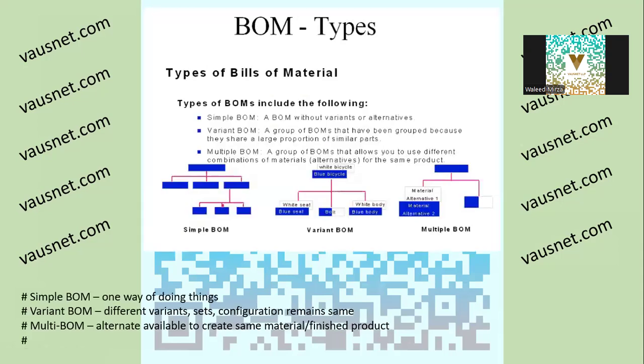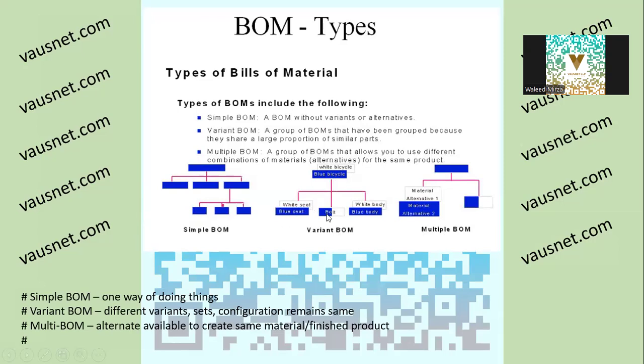So types of bills of material: we have simple BOM, variant BOM, multiple BOM. So what is a simple BOM? Simple is that it is rigid. It tells you the components that will be needed. Variant BOM happens when a customer wants a white bicycle instead of a blue.